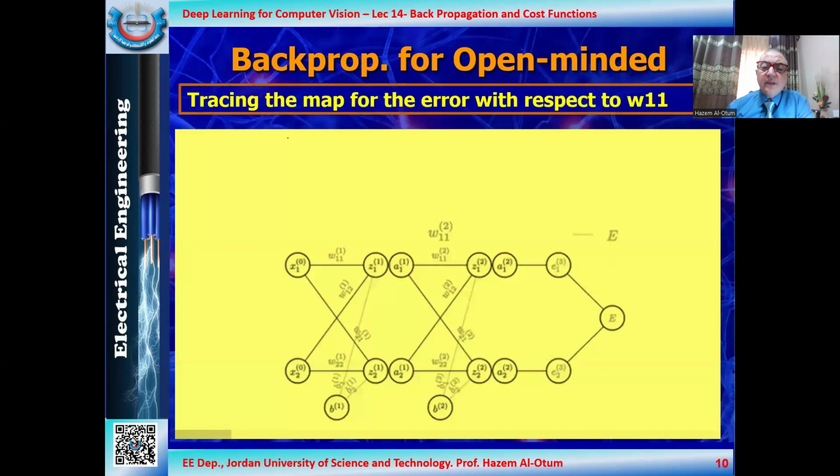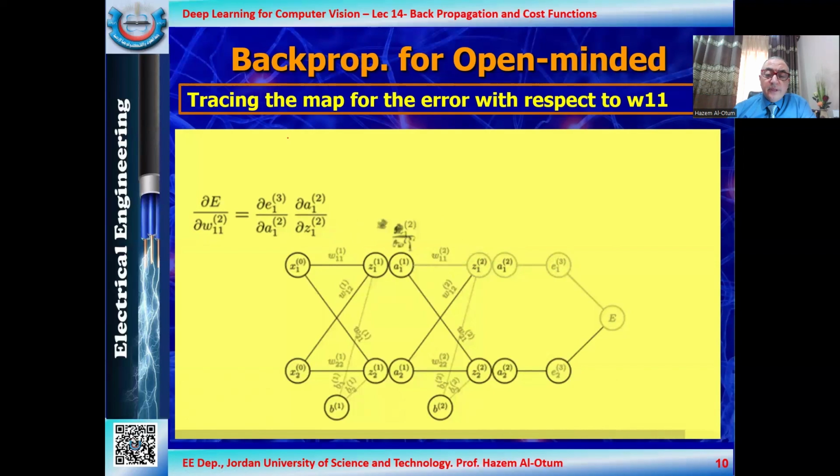Now to find the backpropagation, we need to trace the map of the error with respect to W11. So we are going to modify W11, W12, W21, W22, and we want to find, as a result, the modification or the error rate for Z1, Z2. Similarly, we want to find it for A1 and A2.